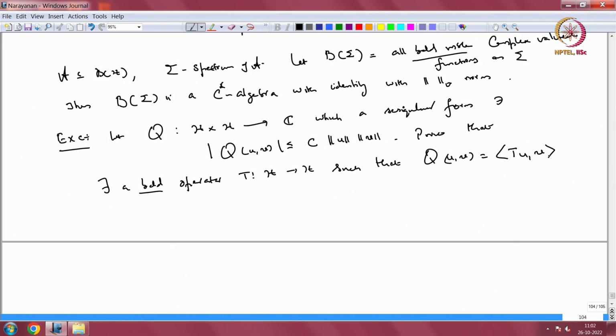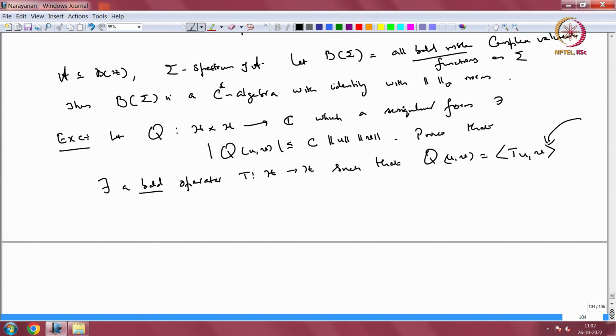So, if you look at any bounded operator T and form this, then of course, it is linear in u, antilinear in v. So, it is a sesquilinear form and it is bounded, right, the modulus of that is less than or equal to norm T times norm u times norm v. We are proving the converse.